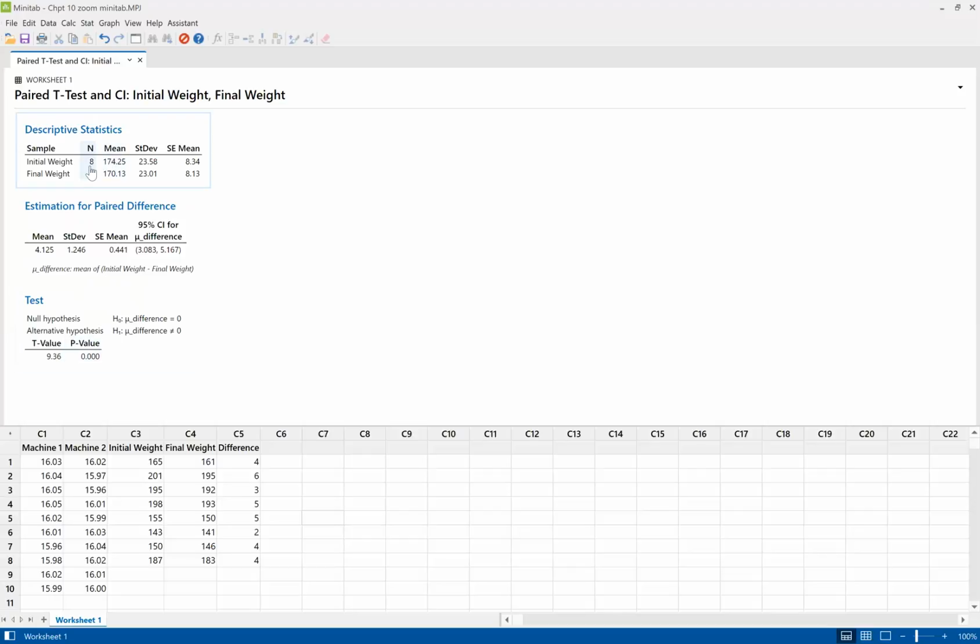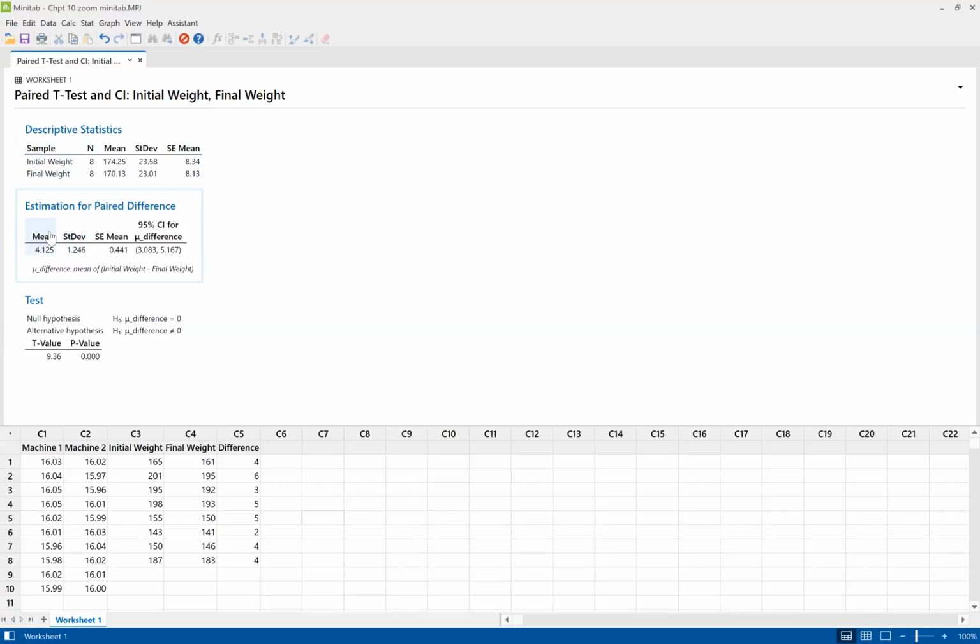Here are my descriptive statistics. Here's my 95% confidence interval. Here is the mean and the standard deviation and the standard error of the mean of the paired difference. These are the descriptive statistics, the mean and standard deviation and standard error of the mean of each of the individual columns, the individual initial weight column and the individual final weight column.